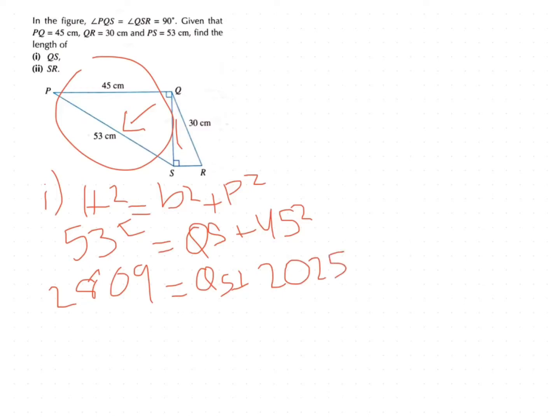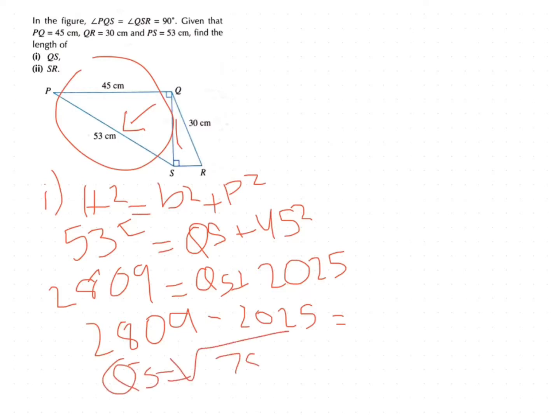Now we just have to subtract these values. After subtracting, we will get 784. So we have to take the square root of 784, and then the value of QS would be 28 centimeter.